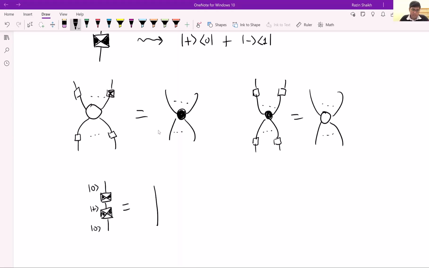So it's doing nothing on 0. And if I had 1 instead, it would change it to minus, and this again changes minus back to 1. So whatever you start with, you get back the same thing at the end. That's why it's equal to identity, or just a wire, which is doing nothing. Any questions about the color change?